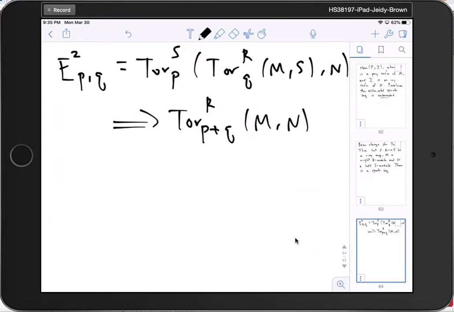Okay, so let's prove it. Using the machinery we've built up, this is actually pretty easy.